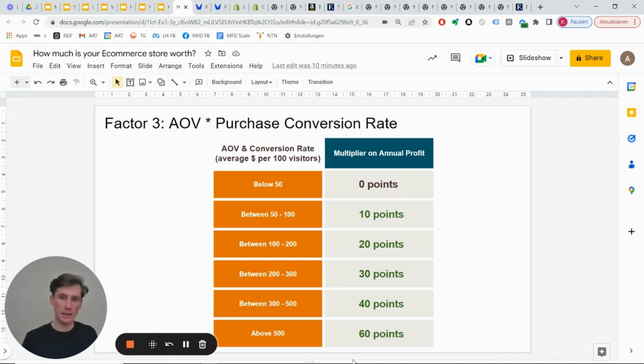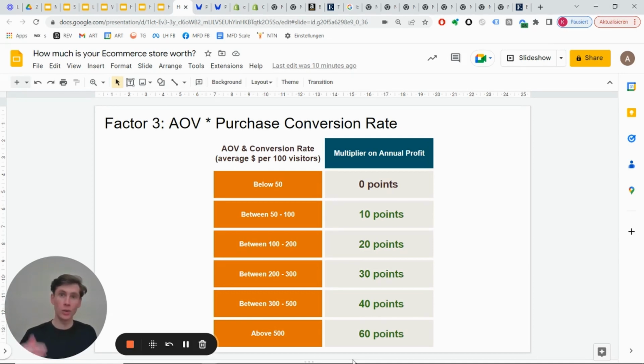That means that, on average, if sticking to the 1% conversion assumption, you need to essentially be selling something for more than $500 every single time someone makes a purchase on your store.